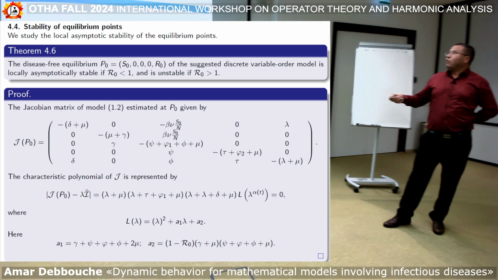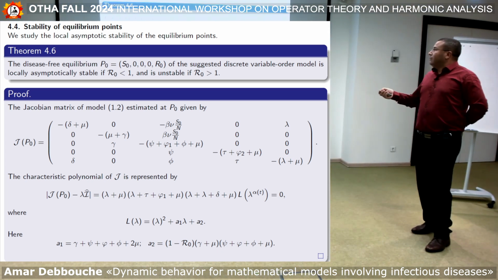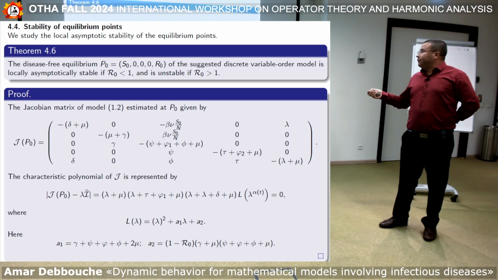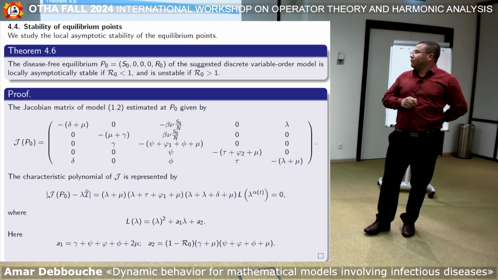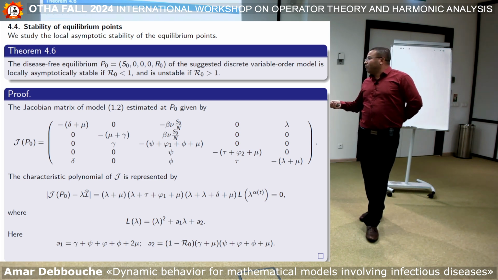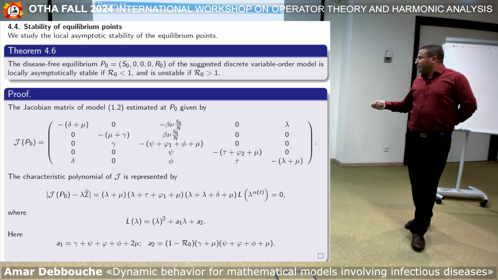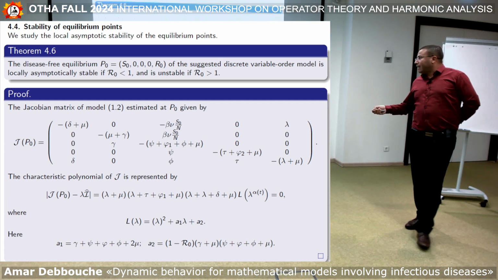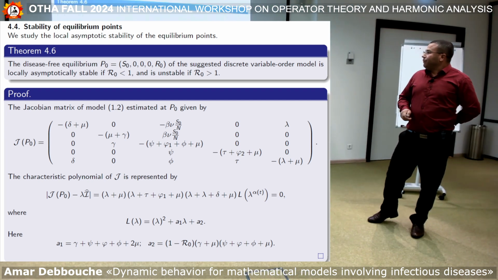So we use the Jacobian matrix of our considered model, evaluated at P0, given with this matrix. After that, we use the characteristic polynomial capital G, which is represented by this form, where capital L of lambda is also given with this form.